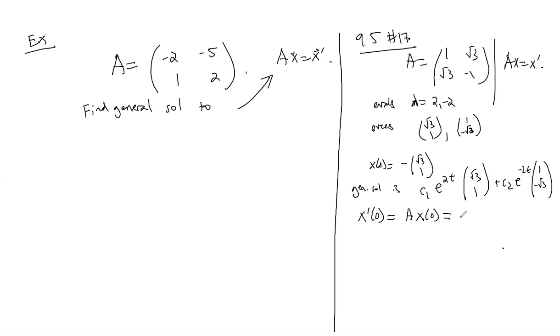So you should get negative 2 root 3, 1. And so now you have two initial conditions, and you can solve for C1 and C2 to get the actual solution. And then you can sketch that. I guess that's how I would think about this problem.